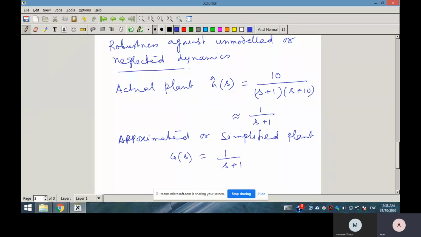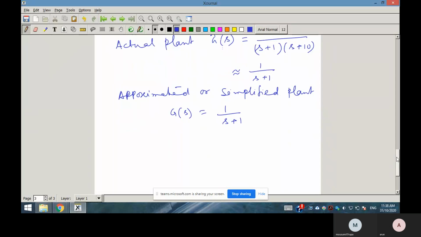So you can obtain the modeling error experimentally also. Suppose you have a true plant and you have approximated it to some simplified transfer function. You can obtain the modeling error in a lab also.